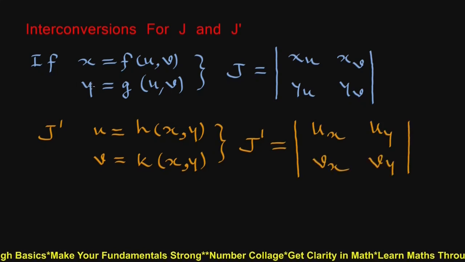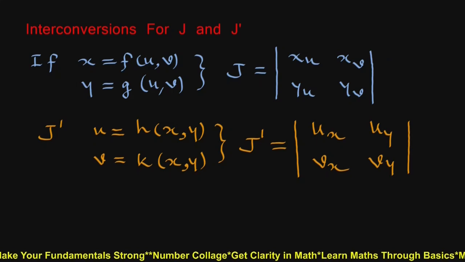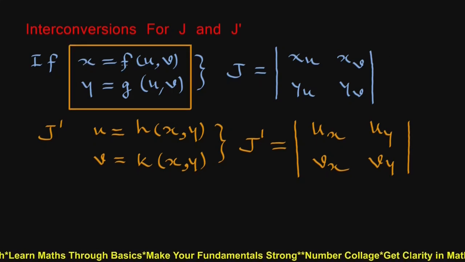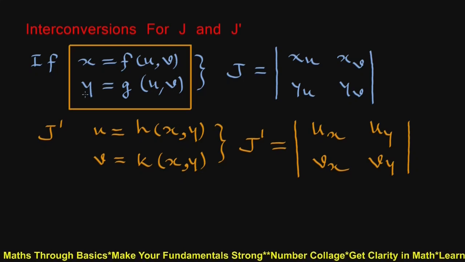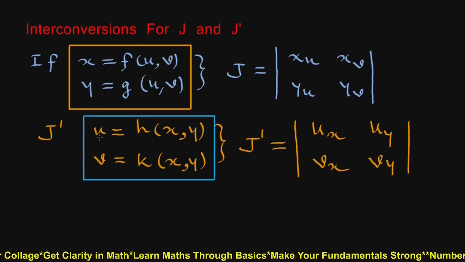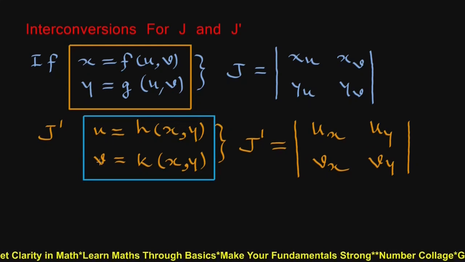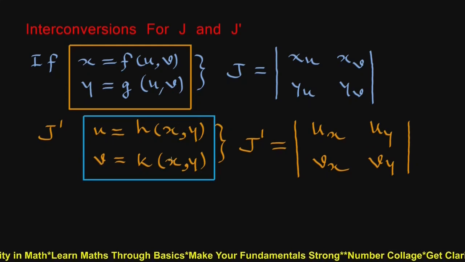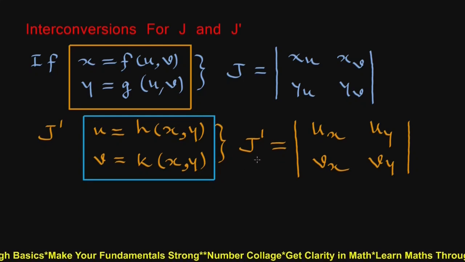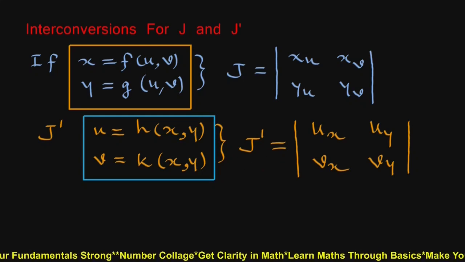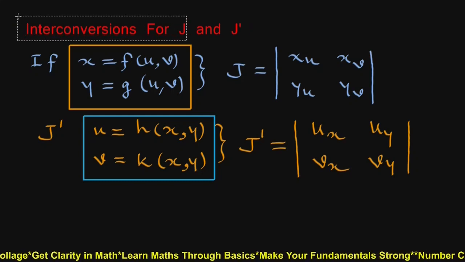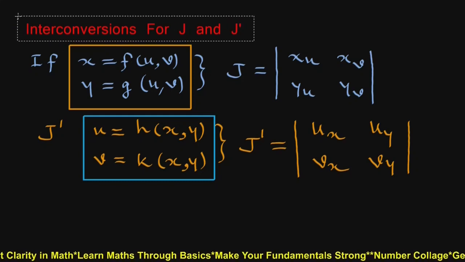So the most important thing in Jacobians is we must know how to convert x as a function of u, v and y as a function of u, v into u as a function of x, y and v as a function of x, y. Then only are we able to write J and J dash. Therefore, we will learn how to make these interconversions for J and J dash.